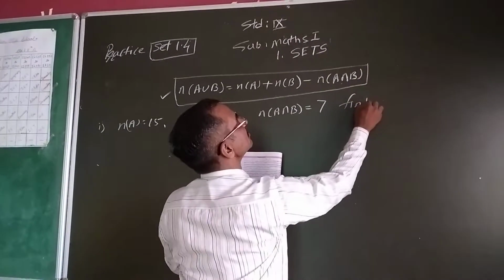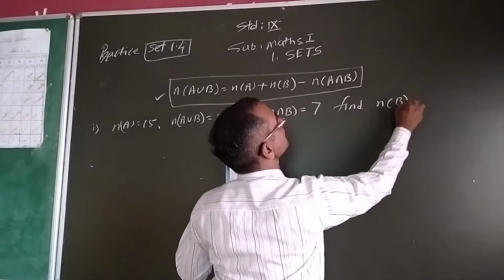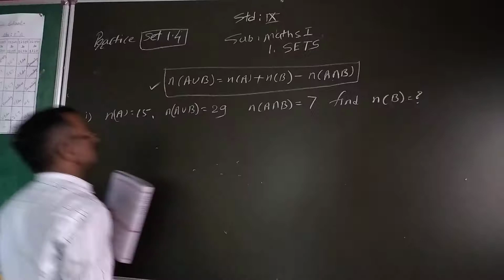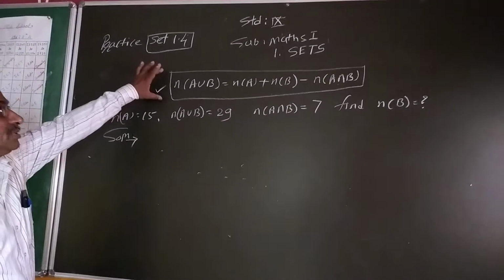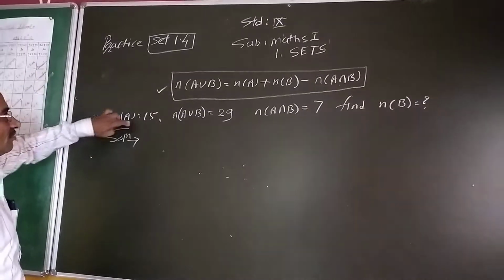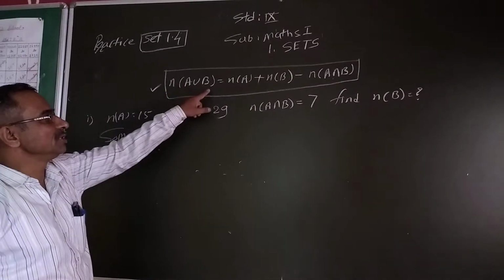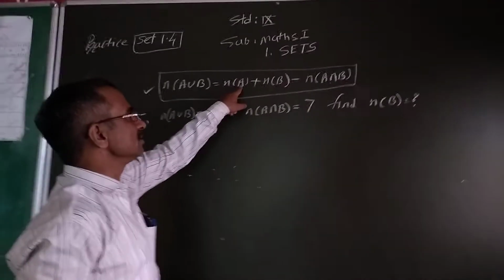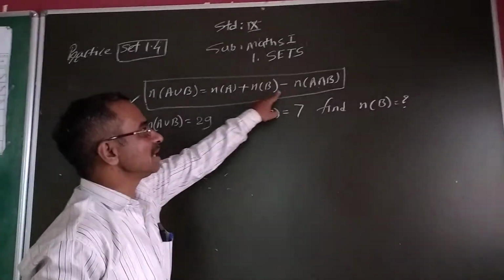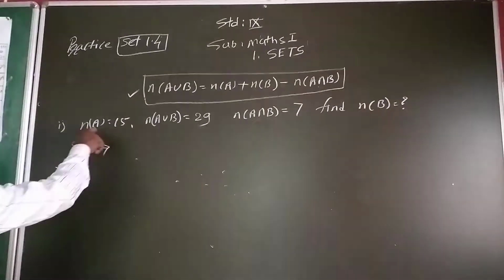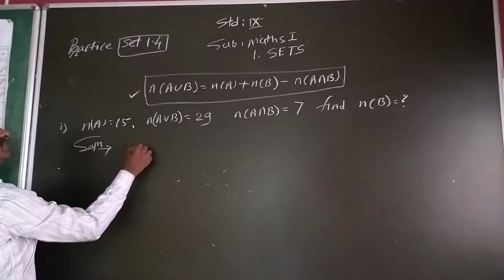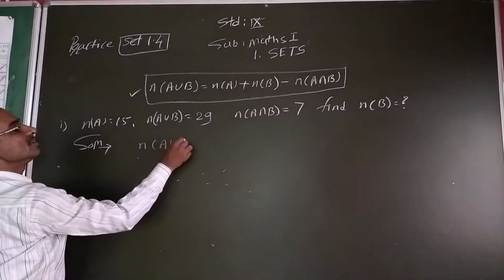Find number of elements of B. Solution. By using this rule, n(A union B) is equal to n(A) plus n(B) minus n(A intersection B). Here the values are given. We write this formula again to solve this example.